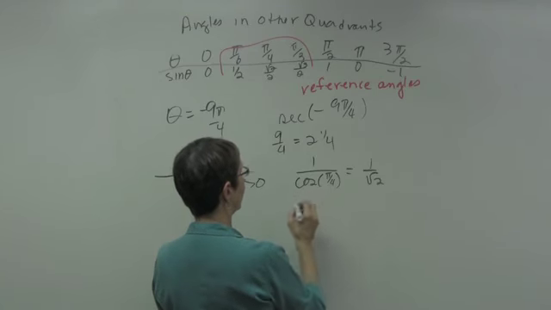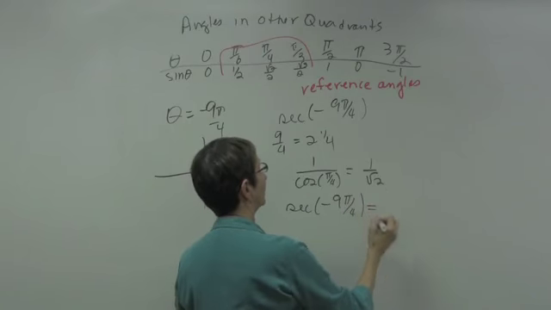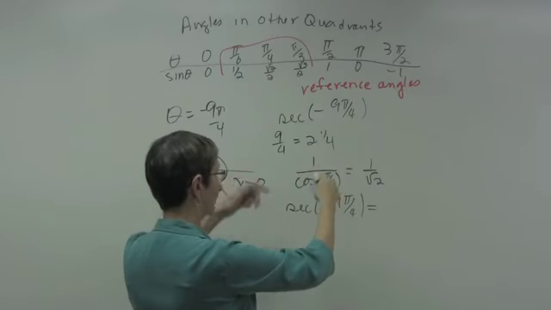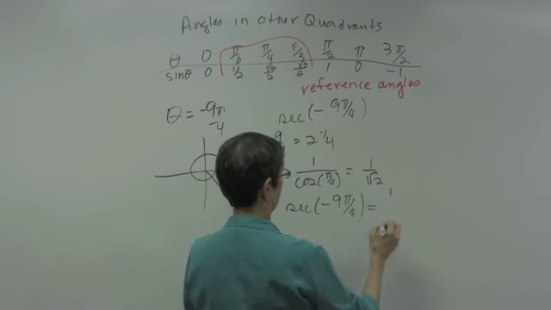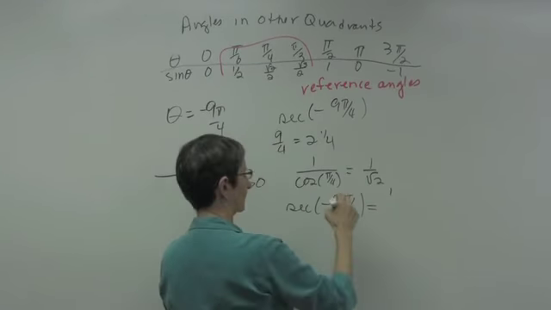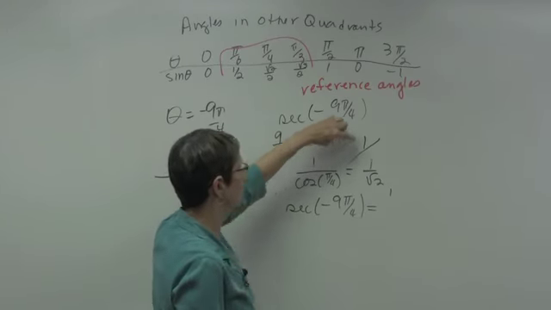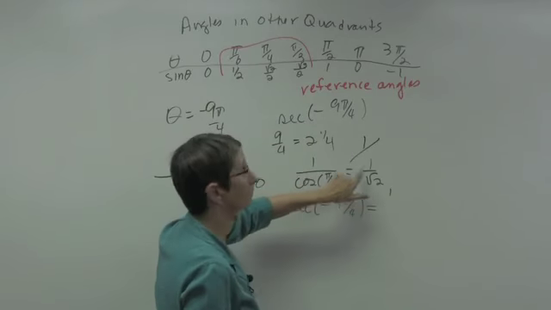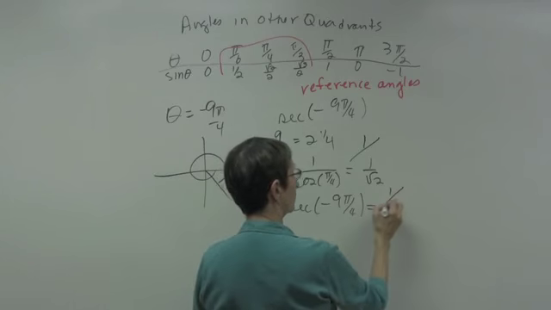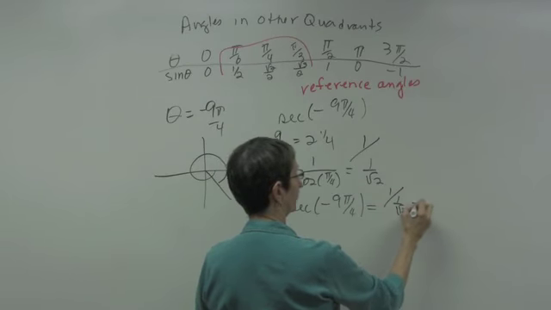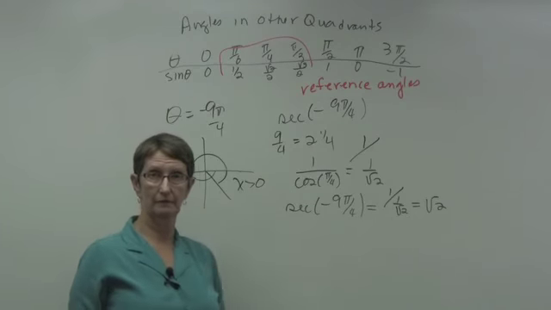So the secant of negative 9 pi over 4 is positive, and it's the reciprocal of cosine. Wait a minute, I almost left that out. I forgot to put the 1 over down. The cosine of pi over 4 is 1 over root 2, but I have 1 over that. So 1 over 1 over square root of 2 is square root of 2. And it is positive because x is positive.